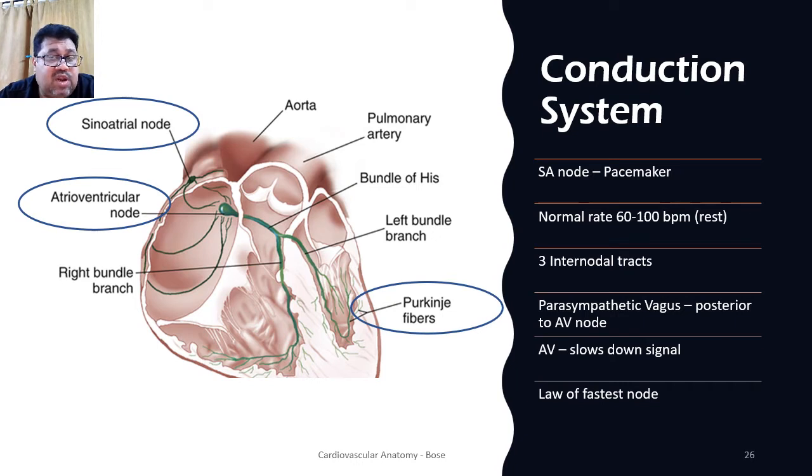Lower down, this bundle will split and it will bifurcate to give rise to the right and left bundle branches, which carry the impulse to the right and left ventricles respectively. The right bundle branch is thin with relatively fewer fibers, but the left is much thicker. The left bundle branch arises perpendicularly and descends into two branches or fascicles.